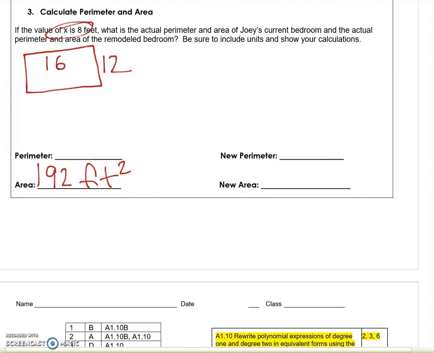Either way is okay. I'm not going to show both ways here, but you could have plugged it. Well, I might as well actually just do the plugging in. So that'd be 2 times 8 squared plus 12 times 8 minus 32, and that would also give you the 192.